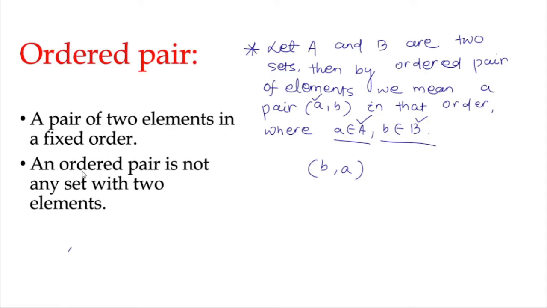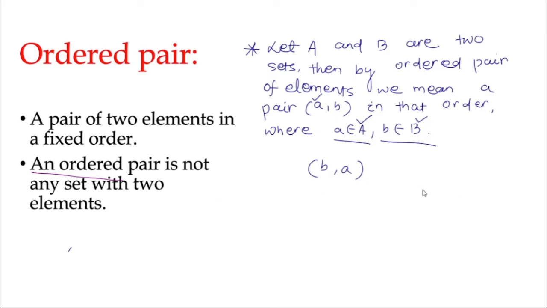The second point that we have to consider is that an ordered pair is not just any set with two elements. There is a vast difference between a set and an ordered pair. What is the difference?